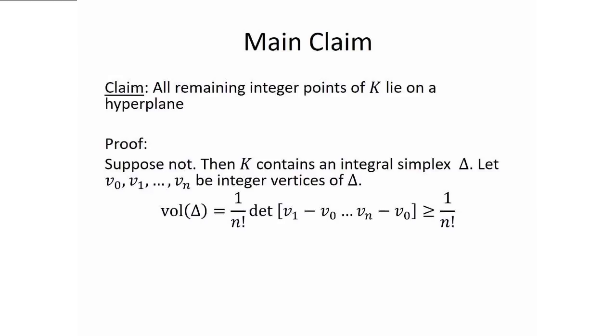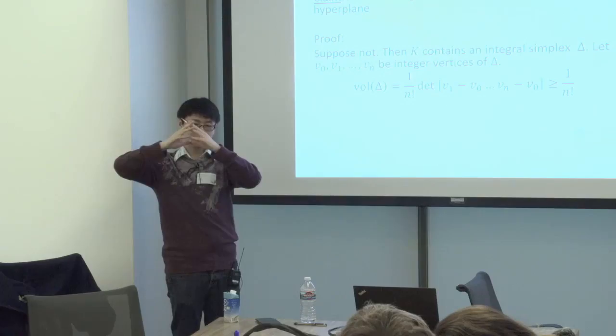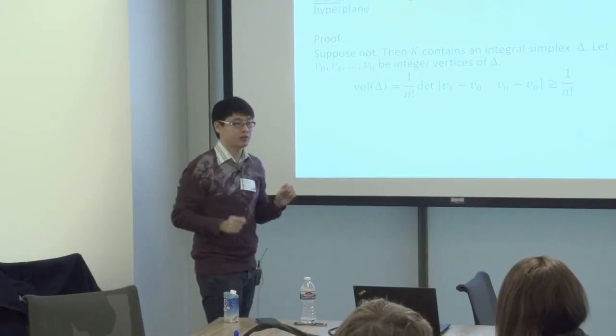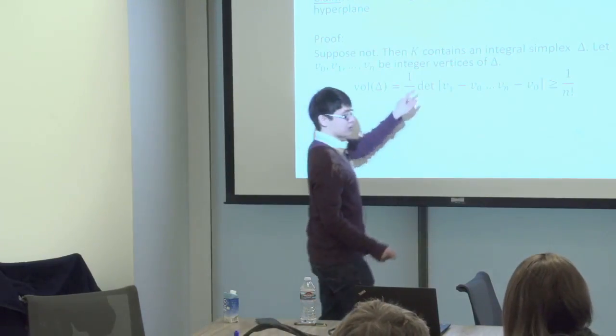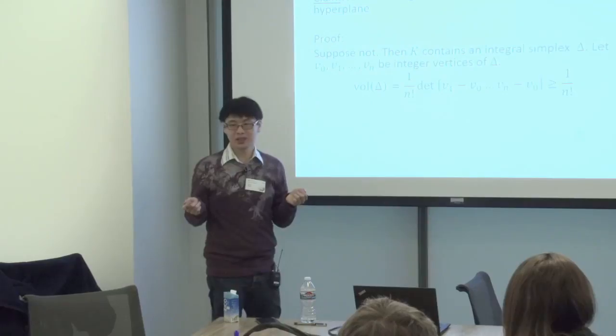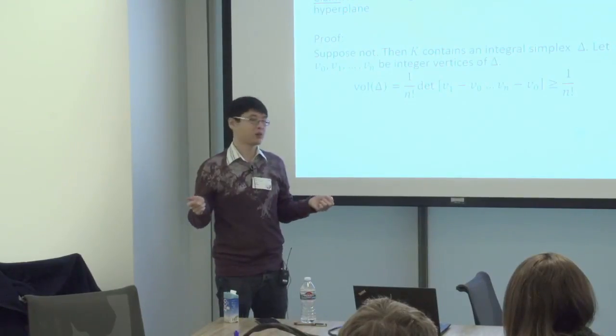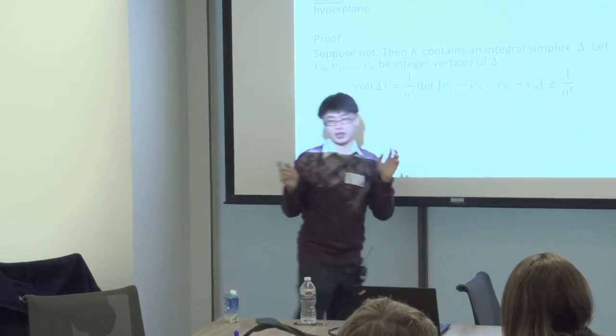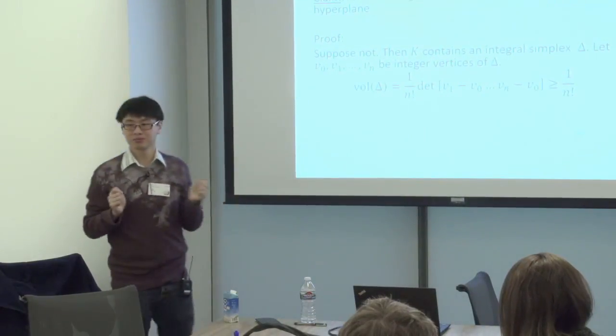And the proof is very simple. Assume that's not the case, so you have non-degeneracy. If you have a simplex with vertices being all integral, the volume of this simplex is going to be at least 1 over n factorial, because you are just taking the determinant over integer vertices.